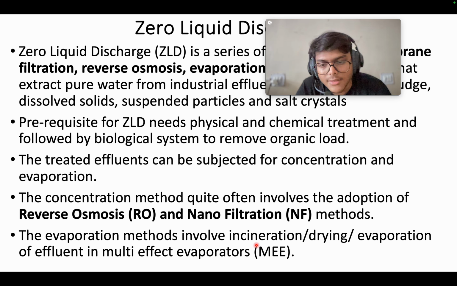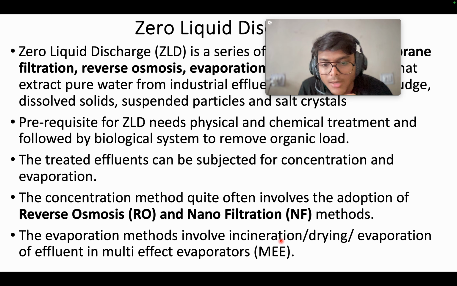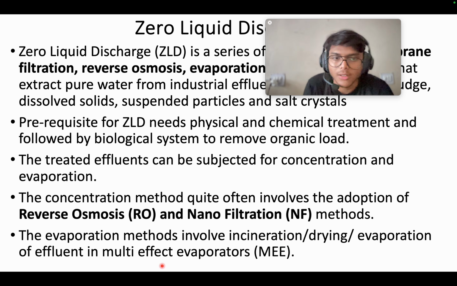The second method, the evaporation method, involves incineration, drying, and evaporation of effluent in multi-effect evaporators. What are multi-effect evaporators? We'll also see this in different industries in the upcoming PPT slides, right? MEE is the abbreviation for this. Just remember the abbreviations MEE, NF and RO.